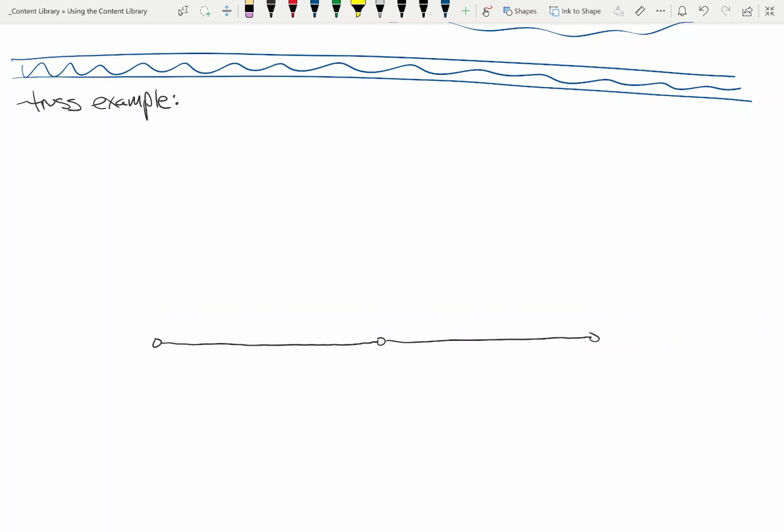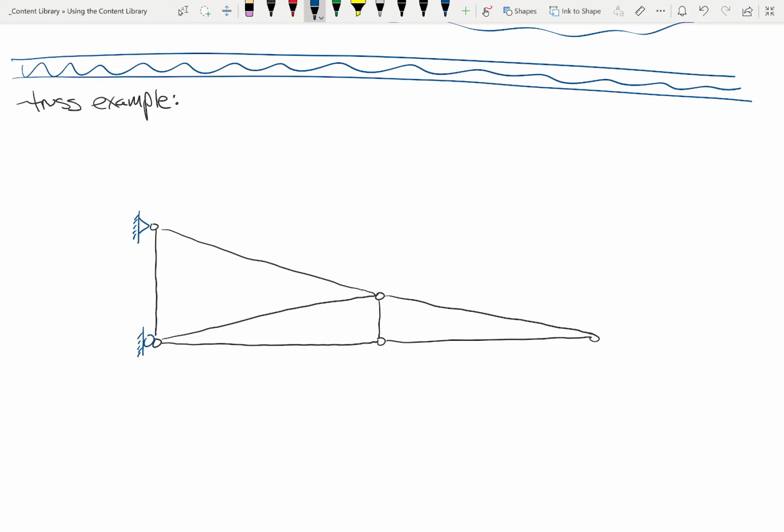Let me make this a little bit better scale. Okay, so this is going to be our truss, and the supports are going to be over here. This is sort of like a truss for an awning or a canopy.